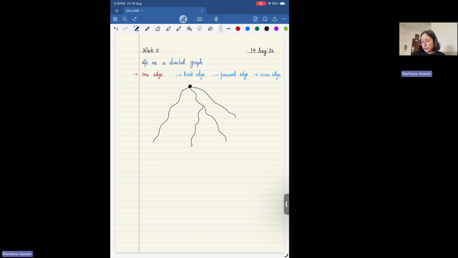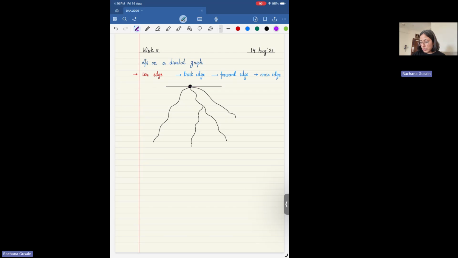What we had discussed is that with every node in this DFS tree, there is an interval associated: the starting number and the finishing number associated with that node give you an interval. The first thing we had observed was that these intervals along a path have a nesting property. The largest interval would correspond to the root node.